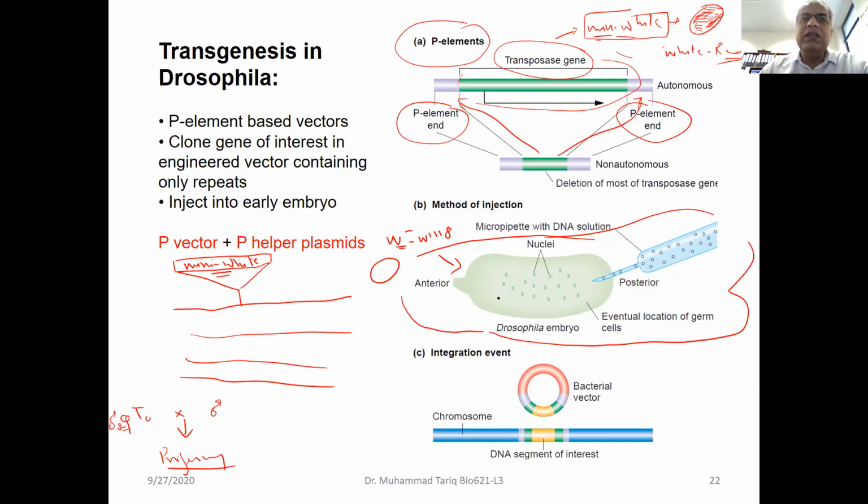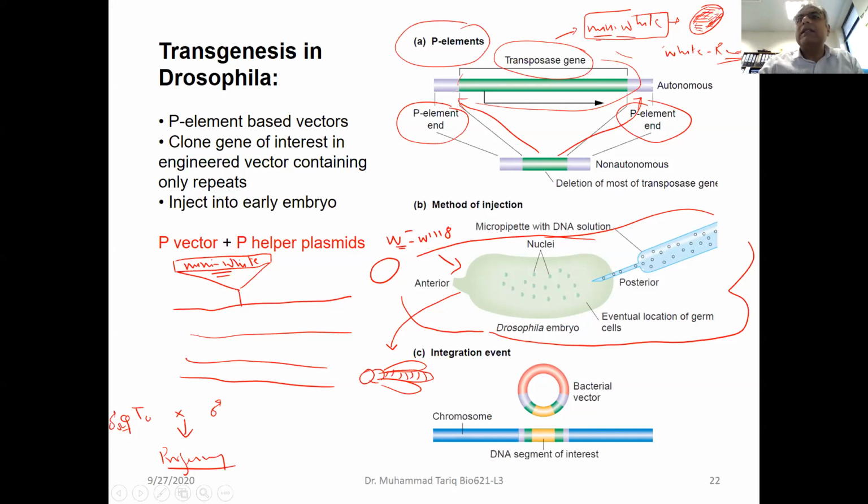Remember, these embryos, when they go through their life cycle and the adult hatches, what will be the eye color of this if mini-white integrated? So what will be the eye color? Red.